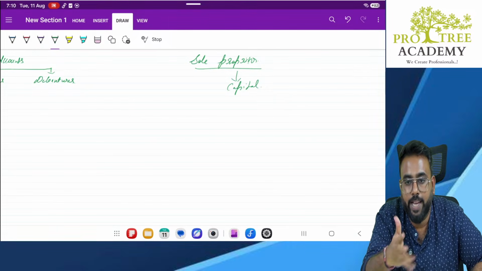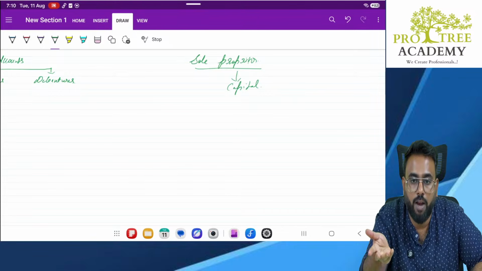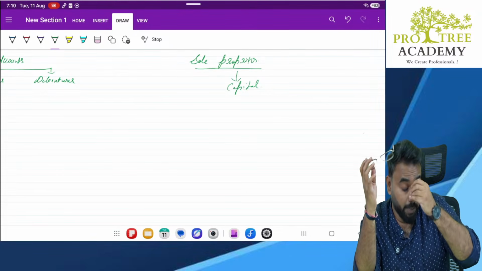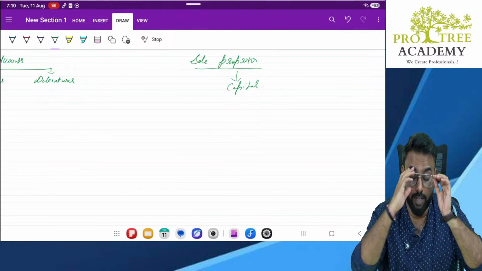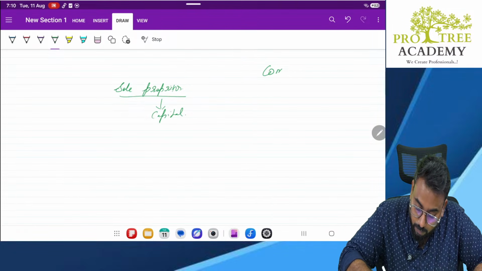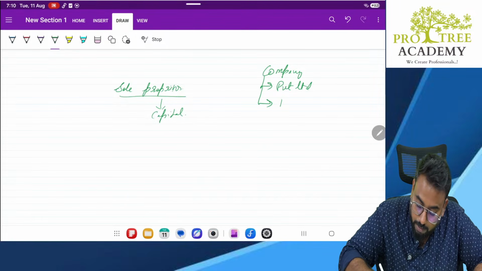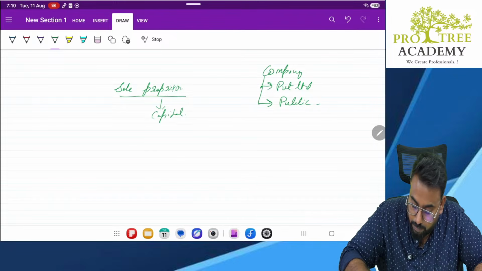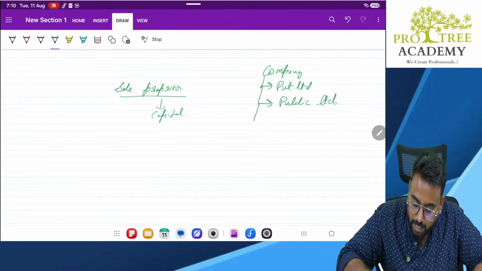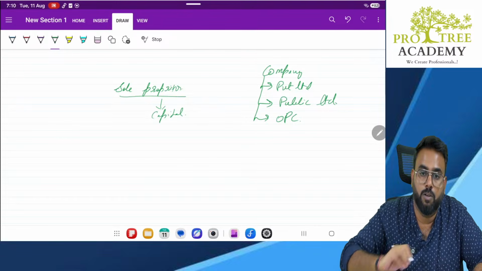It can be 2, 4, 10, 100, 200. There are different types of companies. There can be private limited, there can be public limited. Then last there is something called OPC, one person company.